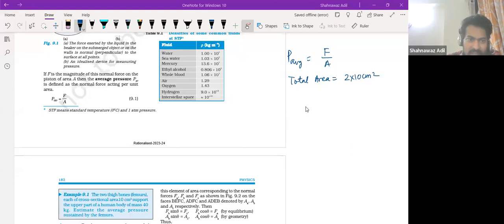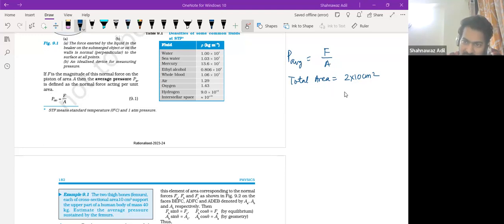Yeah, so as I was saying, the total area is how much? 10 centimeters square. So is this in SI unit, guys? This is centimeter square, so this is not in SI unit.